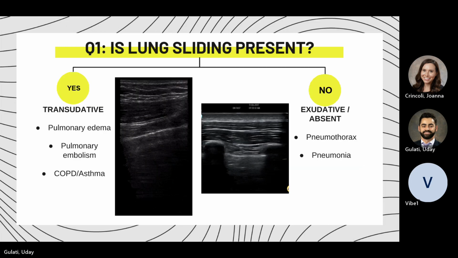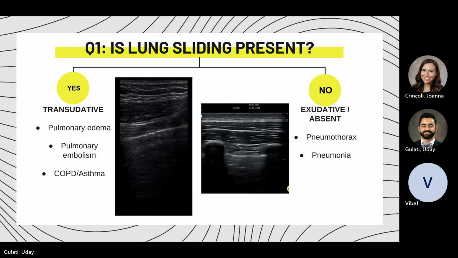Cool. All right, so like I said, the first question you're asking as part of the BLUE protocol is: is there lung sliding or not? When you try to differentiate, say, pulmonary edema in one region of the lung, you see that there's pulmonary edema, and then in this region, there's not.